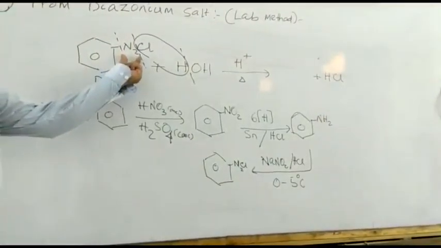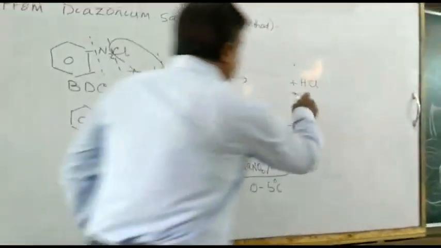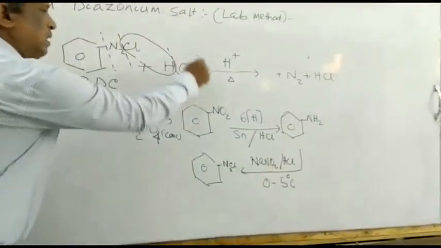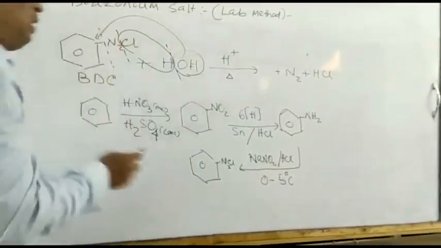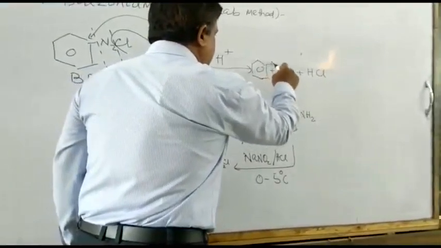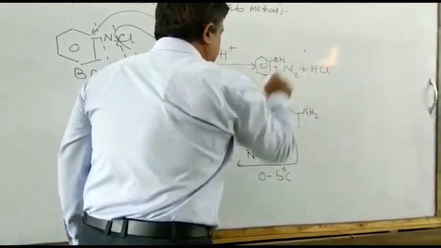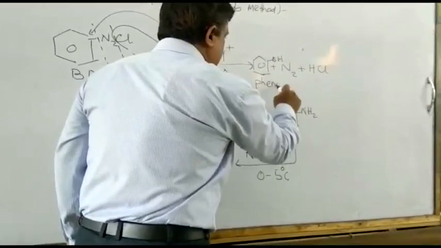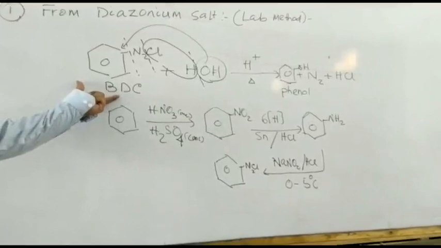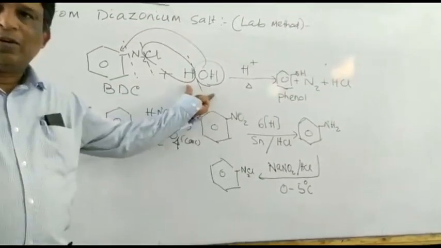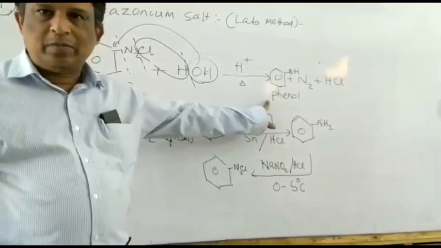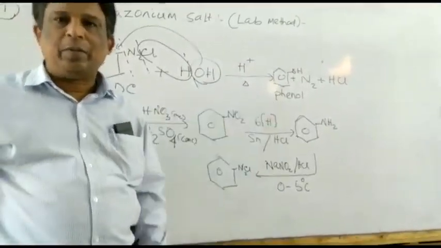Second, there is a cleavage of N2. What is left is this OH attached to the benzene ring to form phenol. So I repeat again: when benzene diazonium chloride undergoes hydrolysis in acid medium, phenol is formed. It is the laboratory method of preparation of phenol.